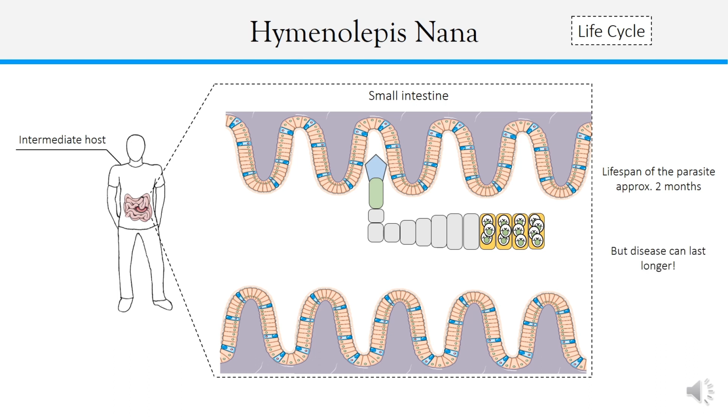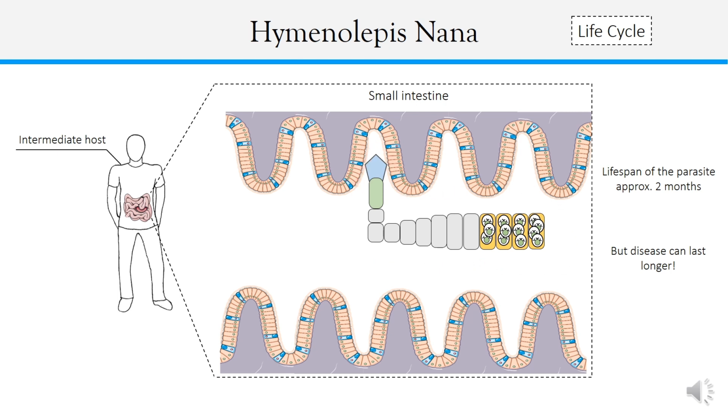But the disease could last longer. You see here a mature parasite, and let's consider that its lifespan is limited to only 2 months. So actually after 2 months this particular parasite will die.